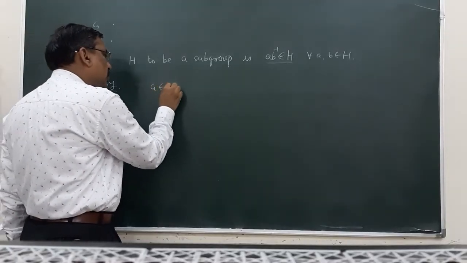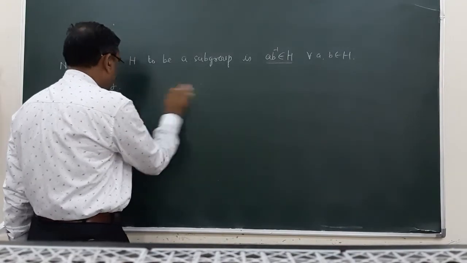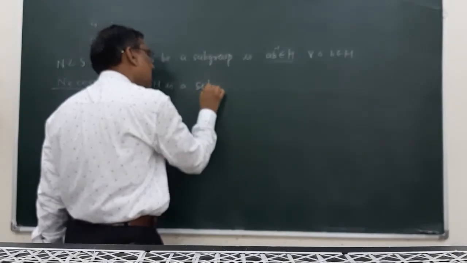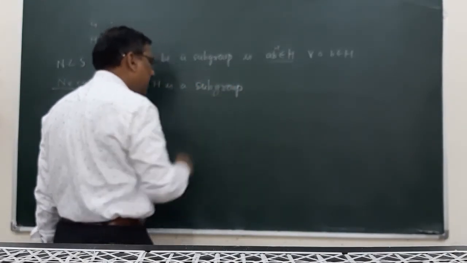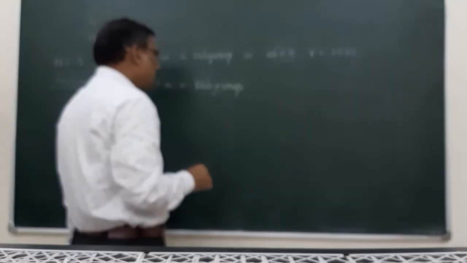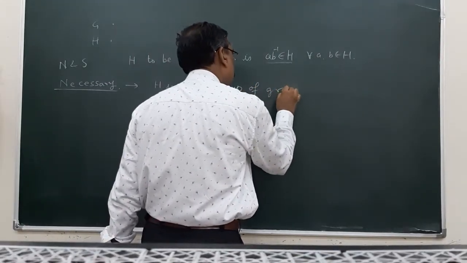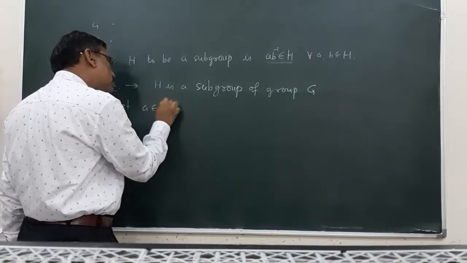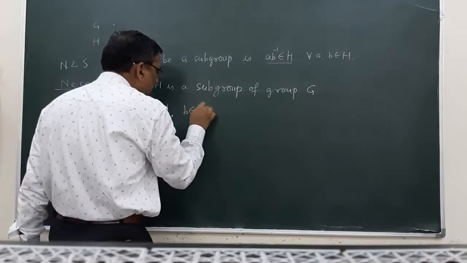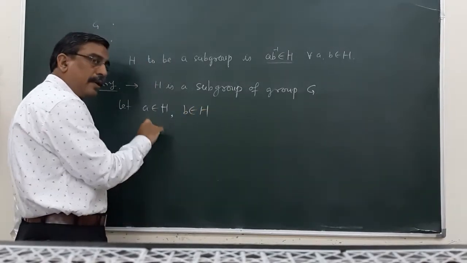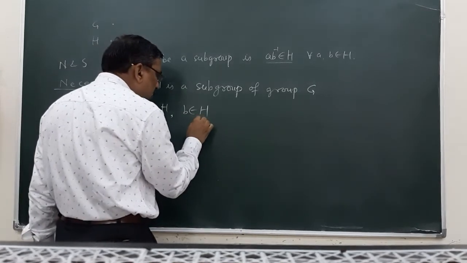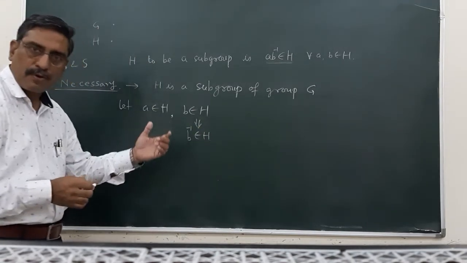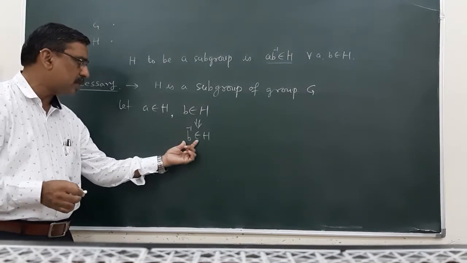Let a belong to H, b belong to H. This implies b inverse belongs to H, since it is a subgroup, so the inverse must exist there.